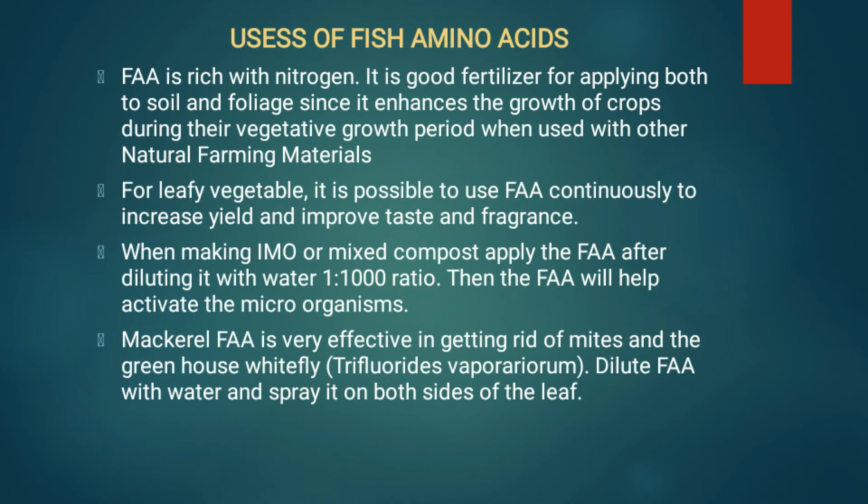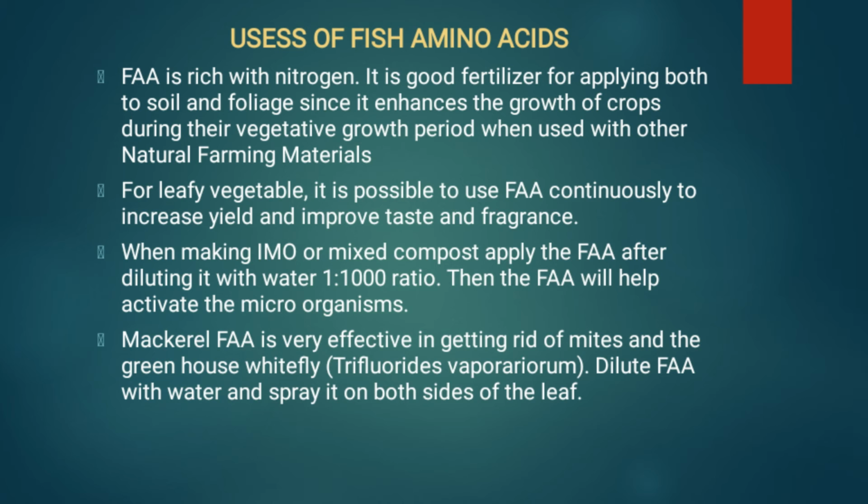Uses of fish amino acid. Fish amino acid is rich in nitrogen, as we all know. It is a good fertilizer for applying to both soil and foliage since it enhances the growth of crops during their vegetative growth period when used with other natural farming materials.